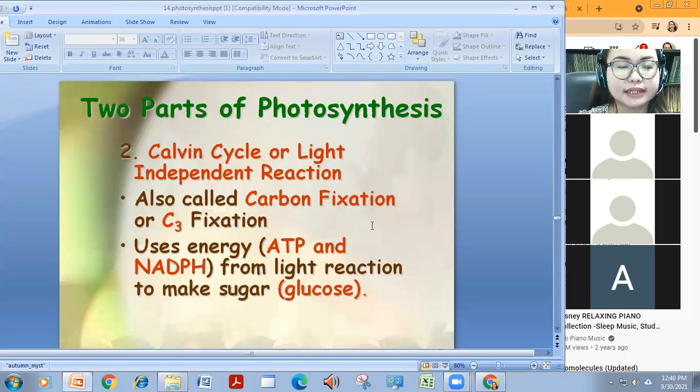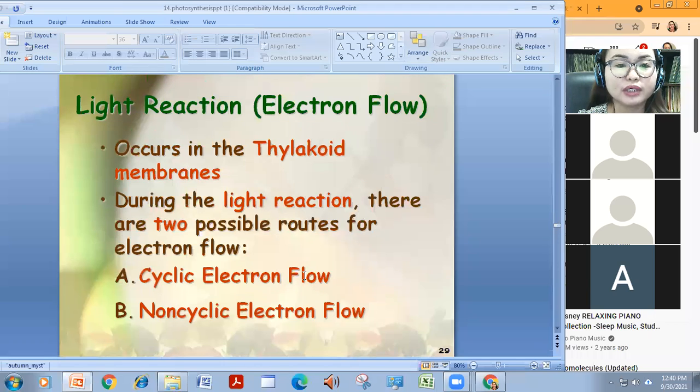And in the second part, the Calvin cycle or light independent reaction, meaning it no longer needs light. It's also called carbon fixation or C3, no? And it uses ATP and NADPH from the light reaction to make glucose. So those are the two phases of photosynthesis.